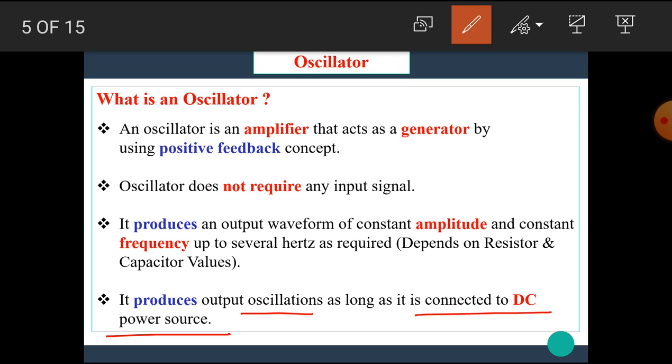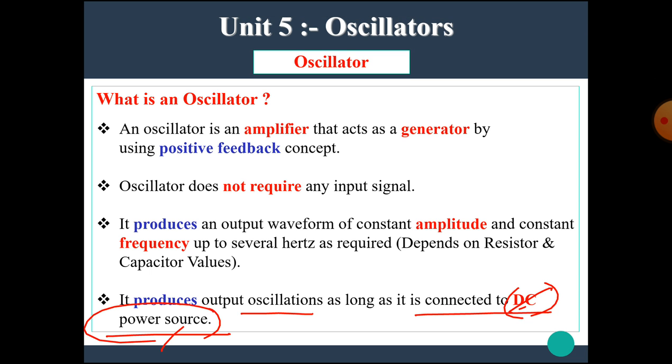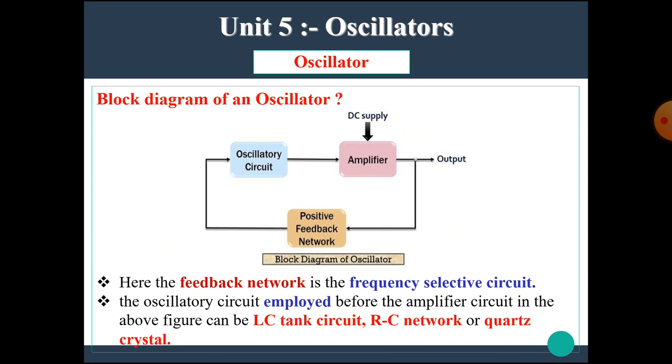That means the oscillator is an electronic circuit which does not require any specific input signal. It produces its oscillations from the DC power source. As long as the DC power source is connected, the oscillations are produced. When we disconnect the DC power source, the oscillator stops working. This is the basic concept about the oscillator.